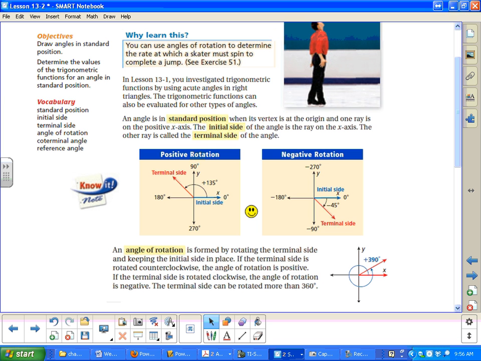Reminder that the degree of an angle can be anything really, but normally our circle goes 360 degrees in the positive direction, or negative 360 degrees if we're going in the negative direction. Angles can go around more than one time.